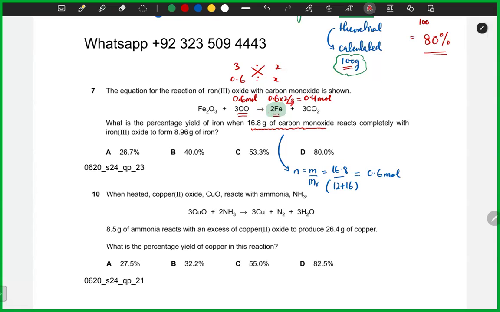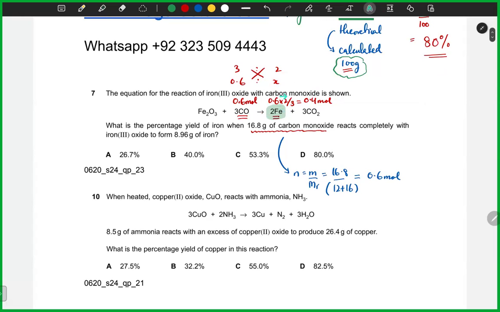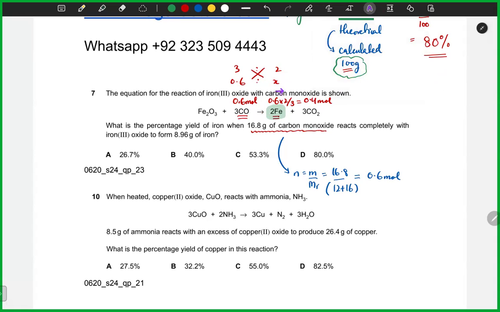That's one very good way of finding moles. Like if I want to find the moles of Fe2O3, 0.6 divided by 3 and multiplied by 1. So you'll find the moles of this thing.